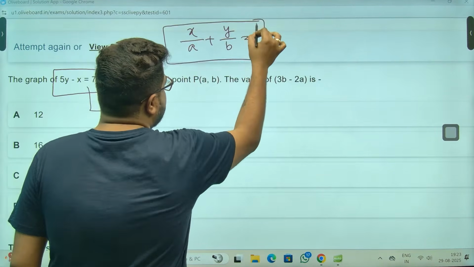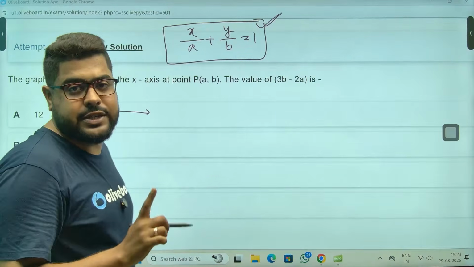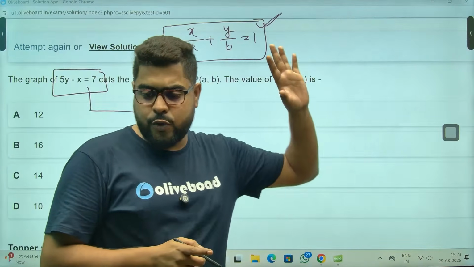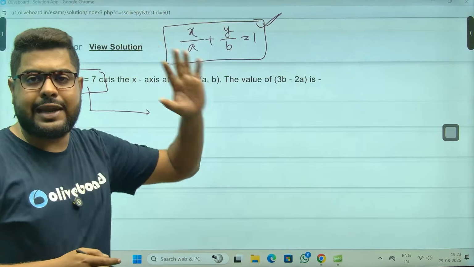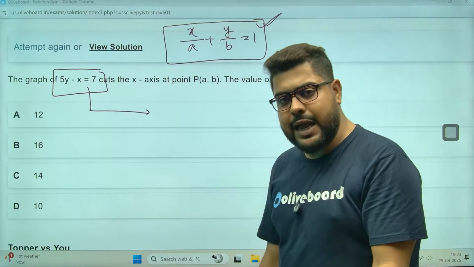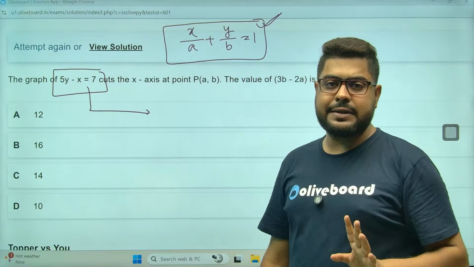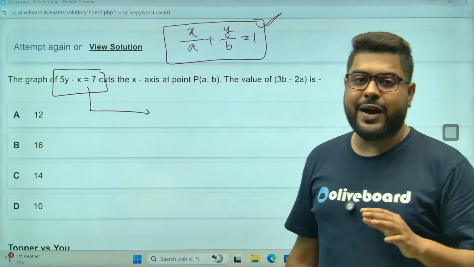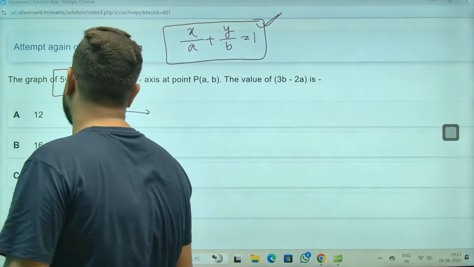A couple of weeks back I took a class on coordinate geometry in the live section of this channel. If this part is not clear to you, please go and watch that class. If you have any queries, feel free to ask.